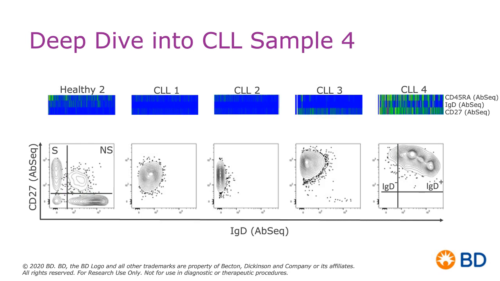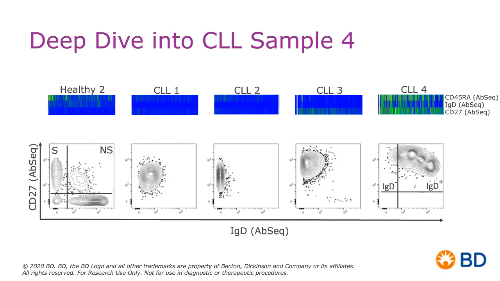And if we then look at our corresponding AbSeq in this heat map as well, we can clearly see that they are CD45RA, and some are IgD positive, and some of them are IgD negative. And that's probably one of the main distinctions between this particular sample, with these potentially 2 clones that we're looking at in this particular CLL4 case here.